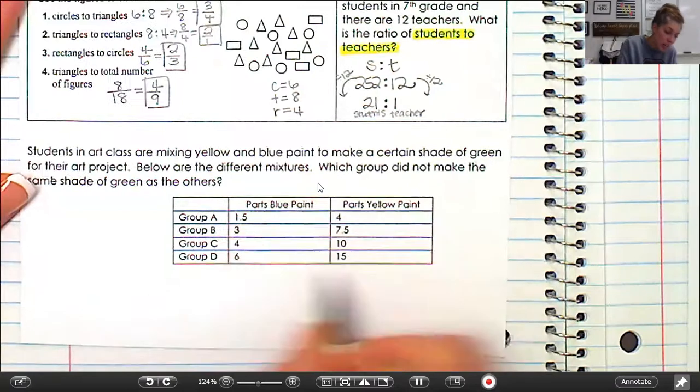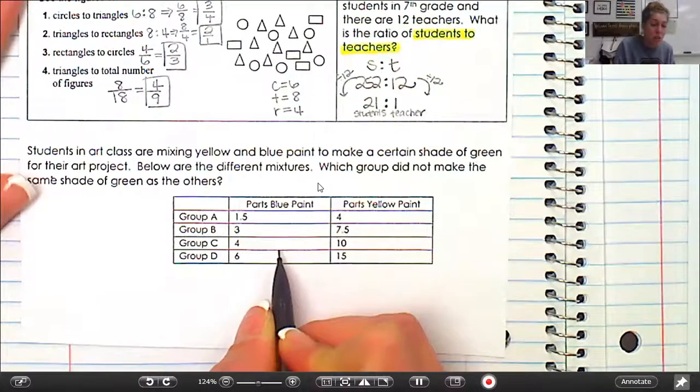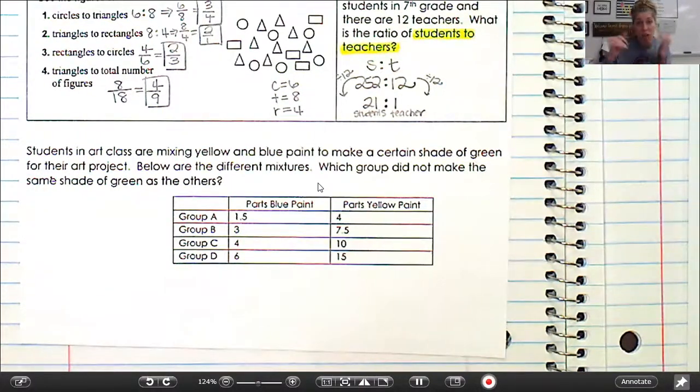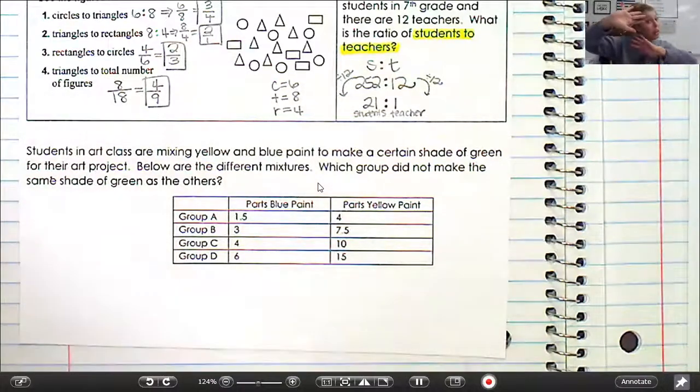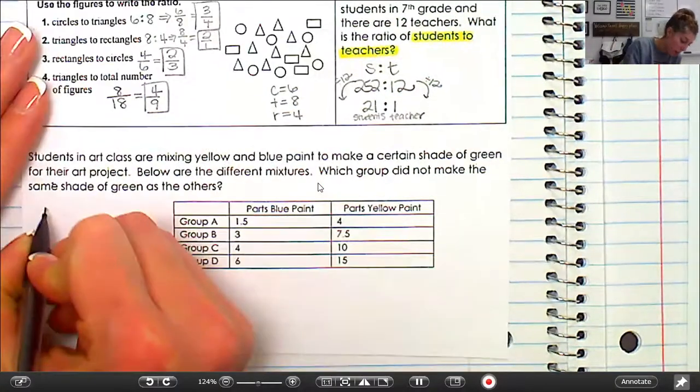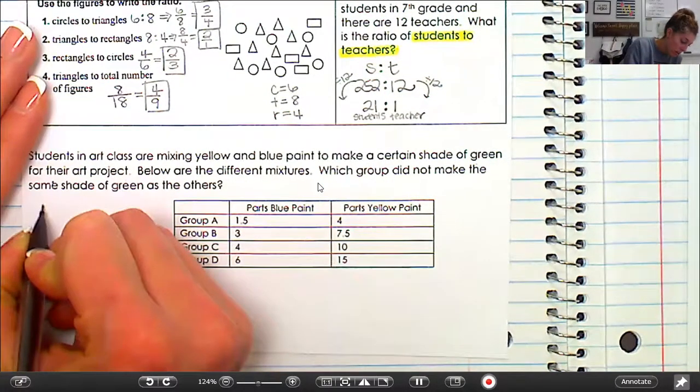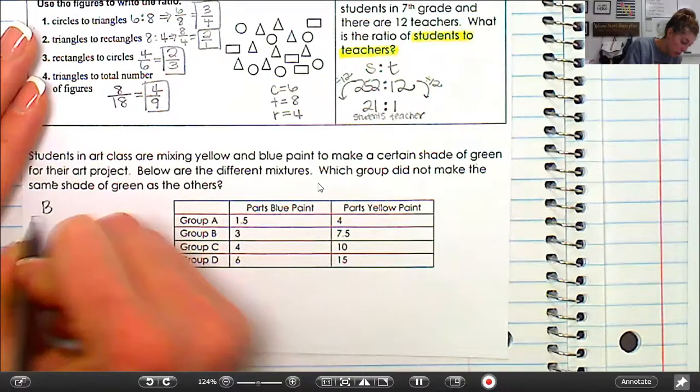So we're going to test which one is not the same, right? There are 3 of them that should be equal. When you are given a table like this, you need to decide what order you'd like to put things in to test them. You can put blue over yellow, or yellow over blue, but you have to keep it consistent once you start the pattern. So I'm going to do blue over yellow.